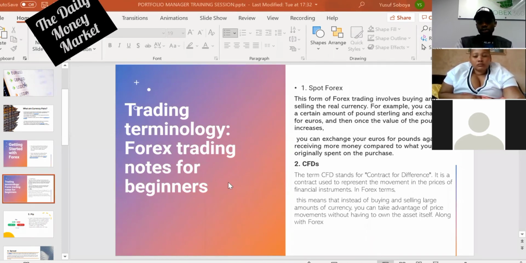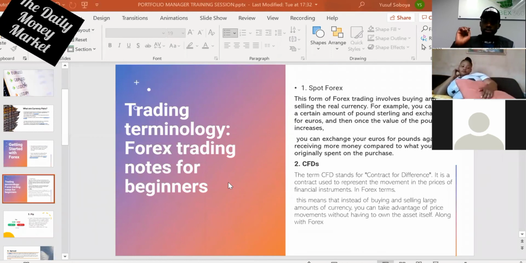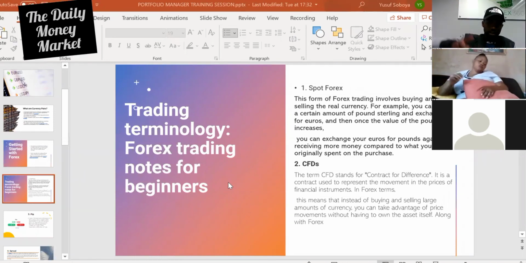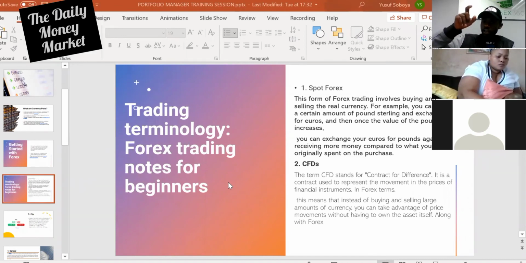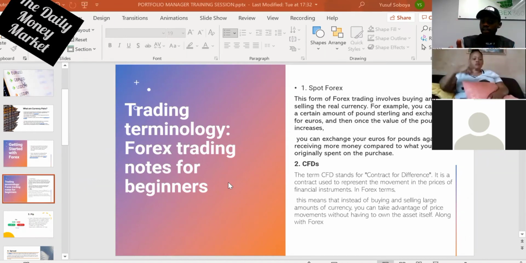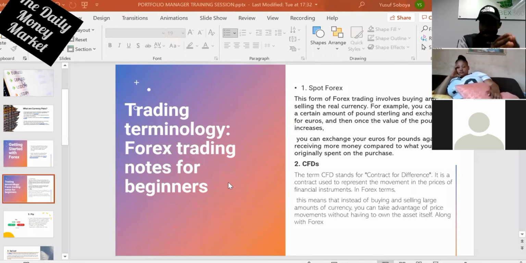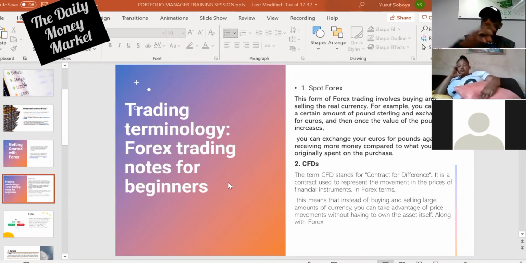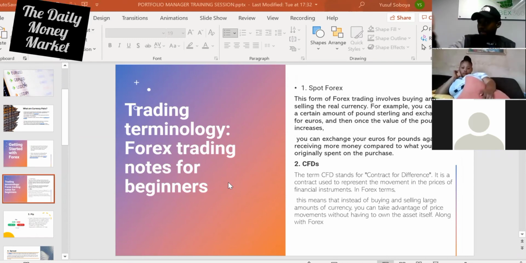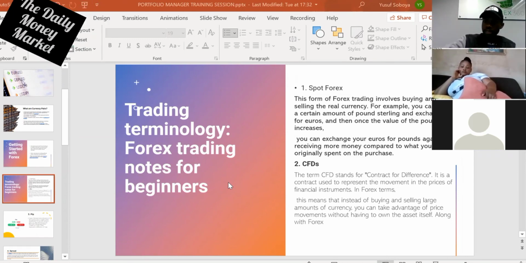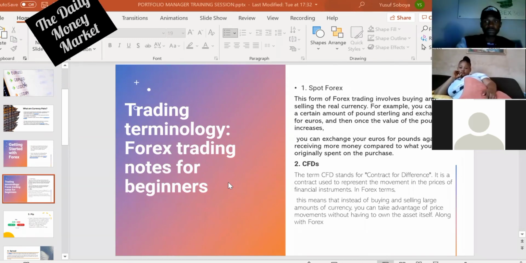So that's the key takeaway there. We are betting on the movement of the price of the worth of that company, if we are doing the companies, or of the worth of that currency of that country, the movement of it. We're not buying that product or investing our money in that product.